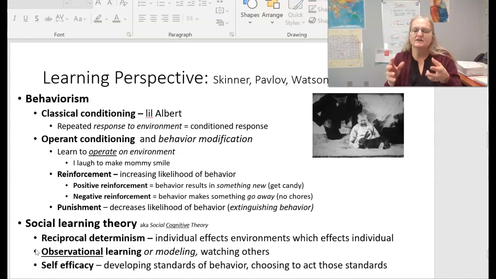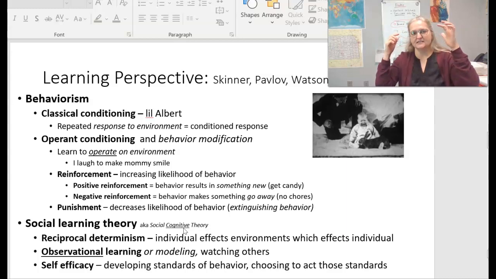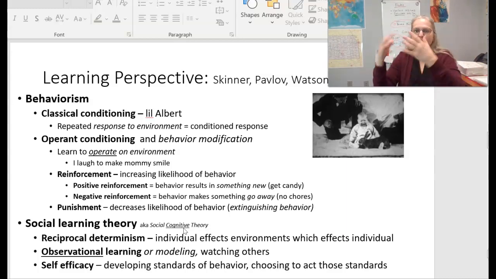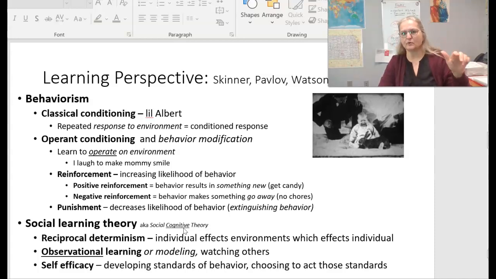The idea here is that I come to think and understand, hence the term cognitive, that if I act, that will cause something in the environment to change. In psychology we talked about the role of people who have self-efficacy.